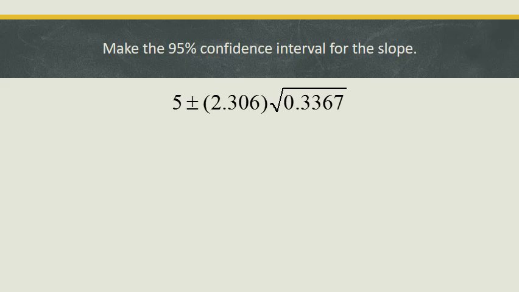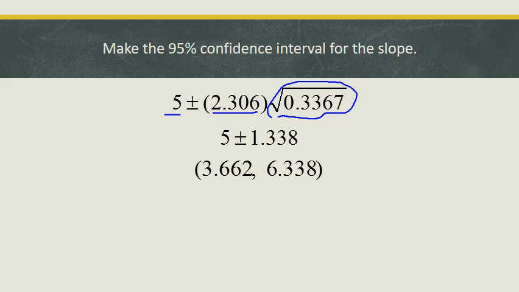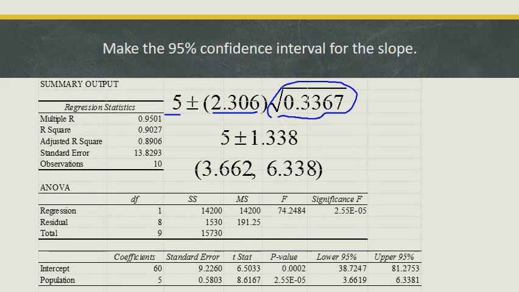The best fit line slope was equal to 5. The degrees of freedom are still 8, so we have the exact same t value as before. And the standard error, after you plug in the numbers, is equal to the square root of 0.3367. This works out as 5 plus or minus 1.338, or this interval here.